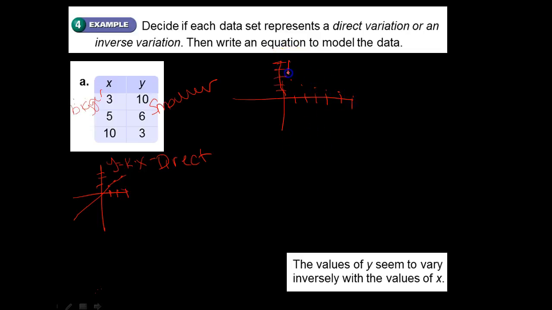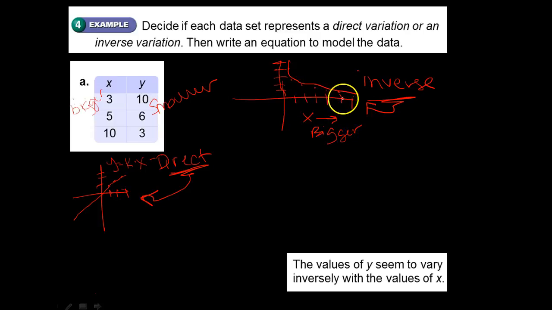So your graph here for an inverse variation is going to look something like this, where your direct was a straight line because they were both getting bigger. Now my x's are getting bigger, but as my x is getting bigger here, my y values, the biggest one is here, and your smaller y's are here.